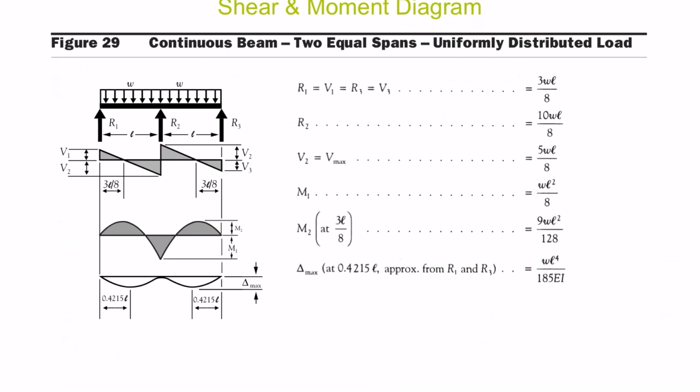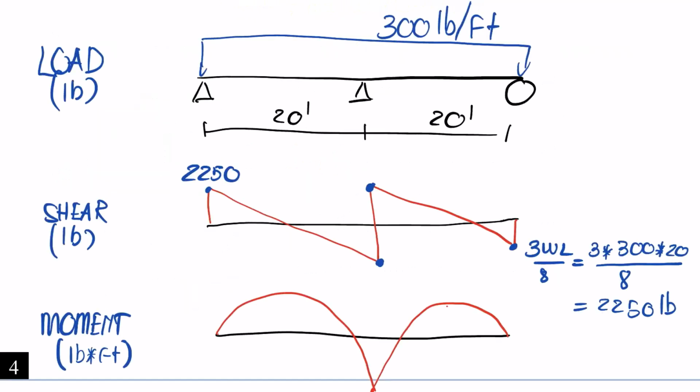Now let's calculate the value of here and here. We have this value equal to V2. This one also equals V2. And V2 is also the Vmax, which is 5WL divided by 8. I'll just skip the step over here because it's very similar to this one, so I will just calculate over here on my calculator.